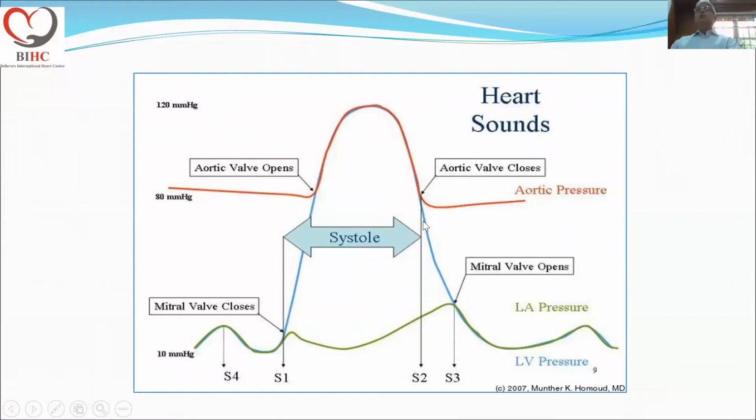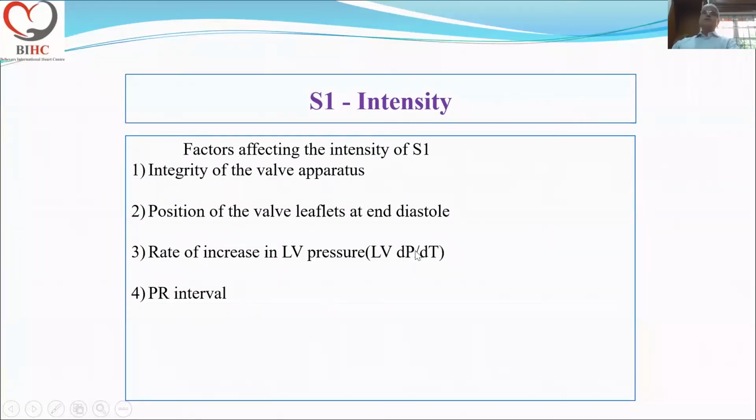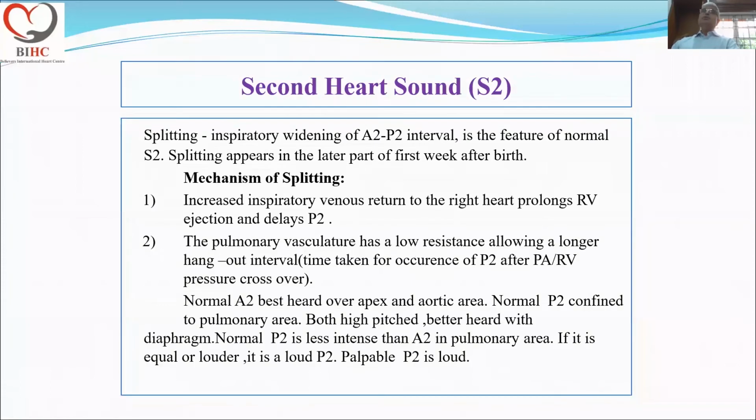This is related to the low pulmonary vascular resistance. So the low pulmonary vascular resistance causes a hangout interval, which is significant in the right heart. And that is why the split occurs. So the split is because of two reasons: the increased venous return and the longer hangout interval in the right heart.